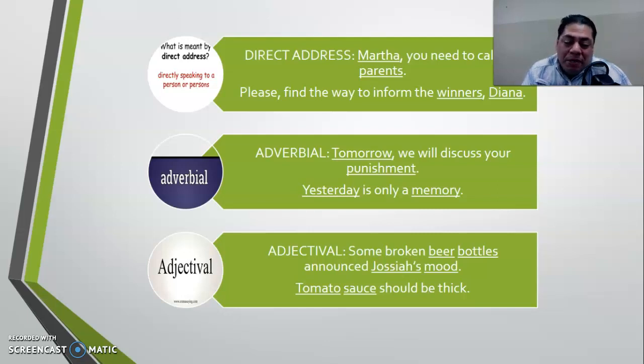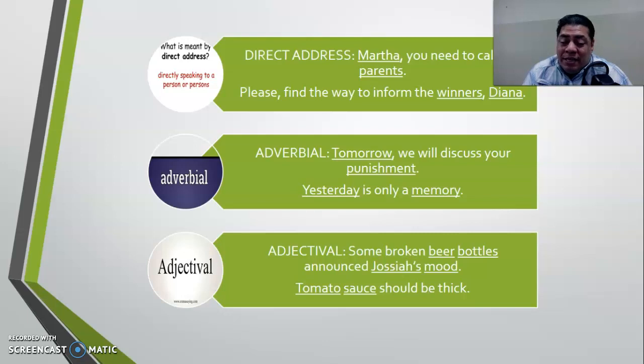So, because the central word is way, and we are only analyzing nouns right now, not adjectives, not adverbs, not anything else, way is the direct object, and winners is the object of the infinitive to inform. And Diana is the addressed noun. I want you to check that the word Diana can also be placed at the beginning of the sentence because it will be modifying the subject.